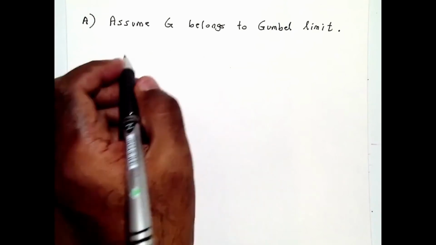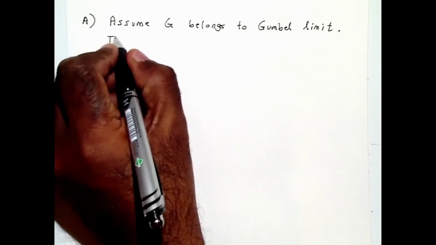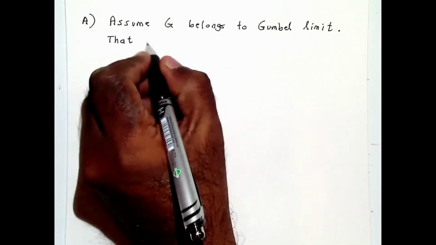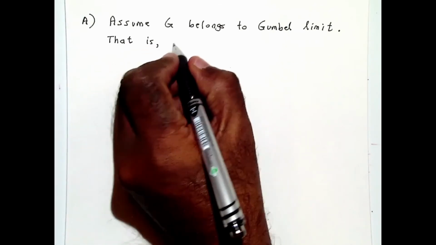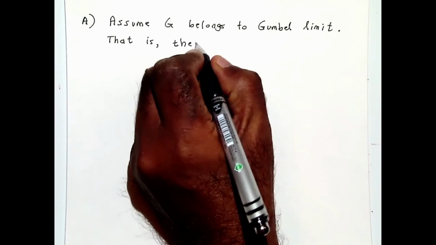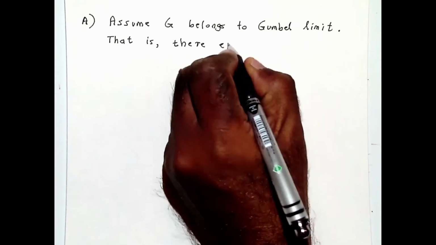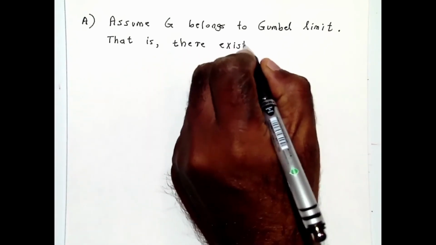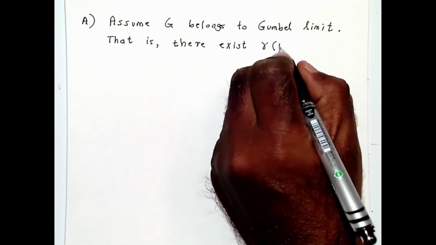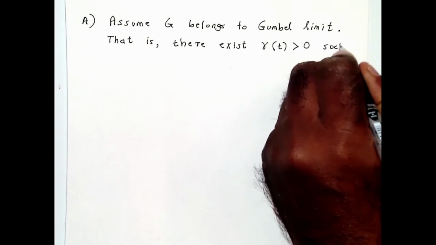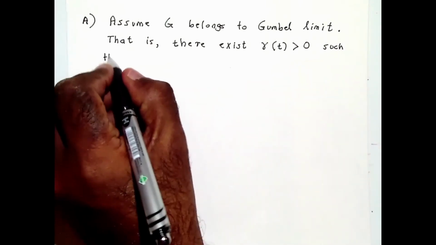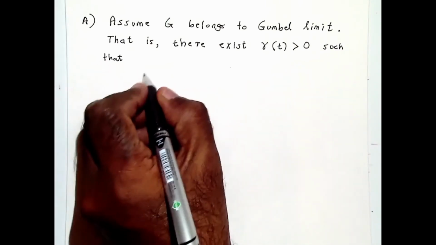Now, if G belongs to the Gumbel limit, by condition 1, there exists a function gamma t, which is positive, such that the following is true.